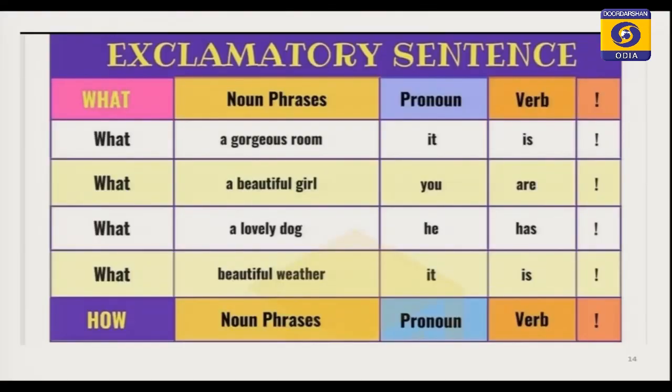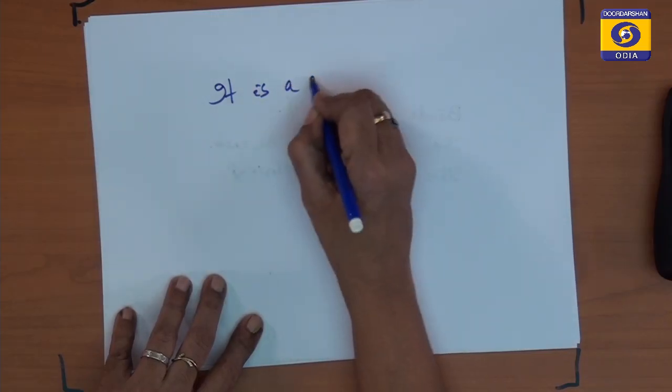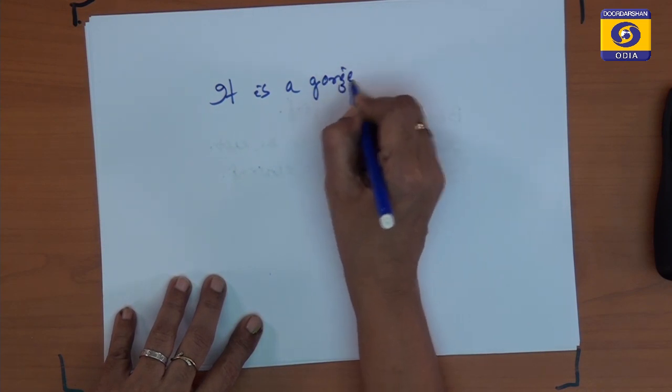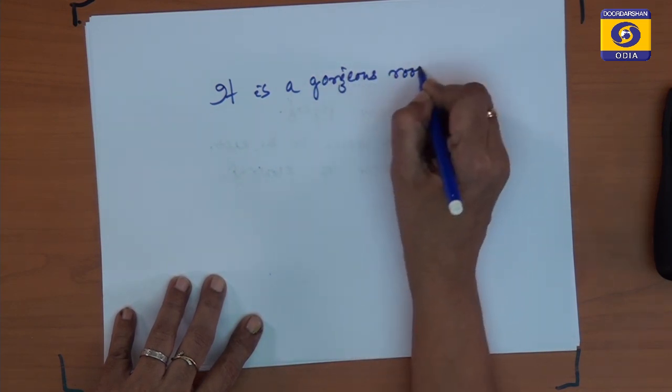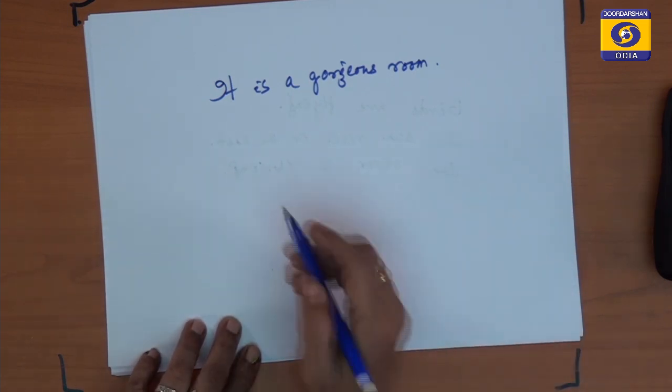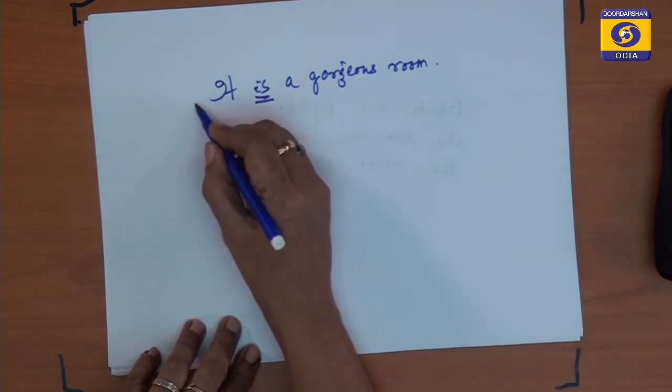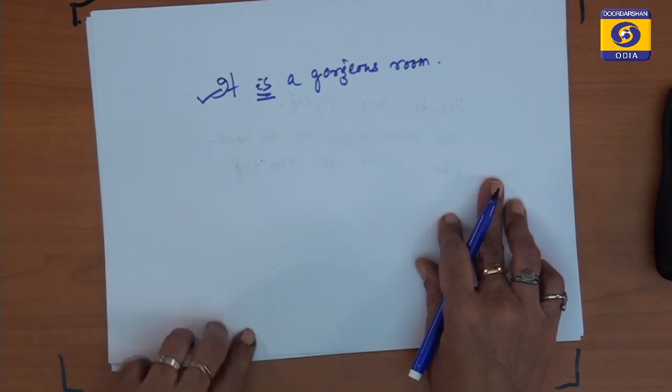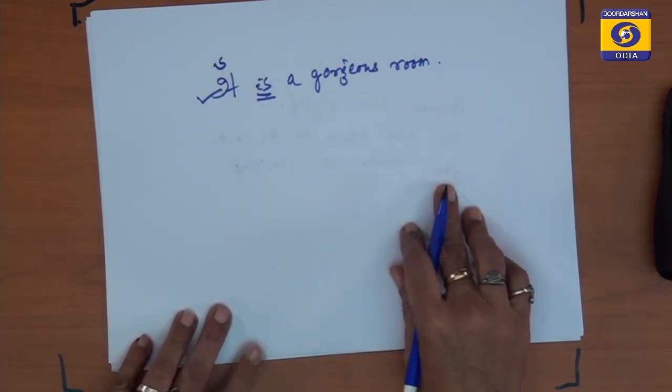See the first sentence: What a gorgeous room it is. When we make it a statement, it will be: It is a gorgeous room. Is is the verb and it comes before the verb, so it is the subject.